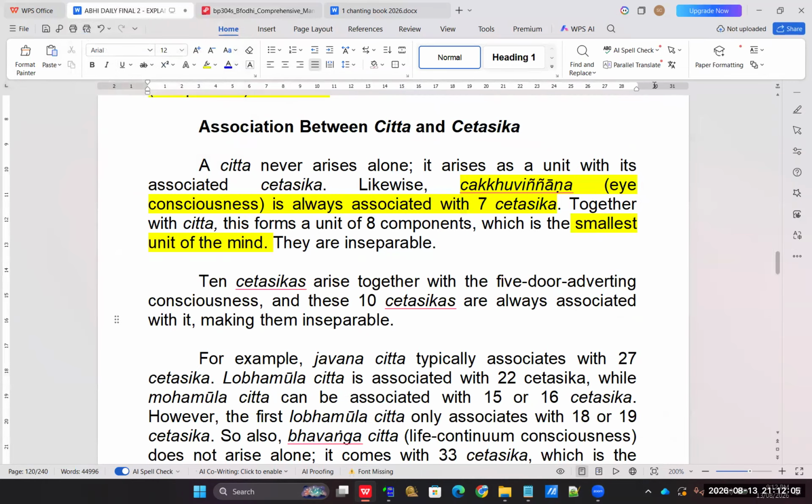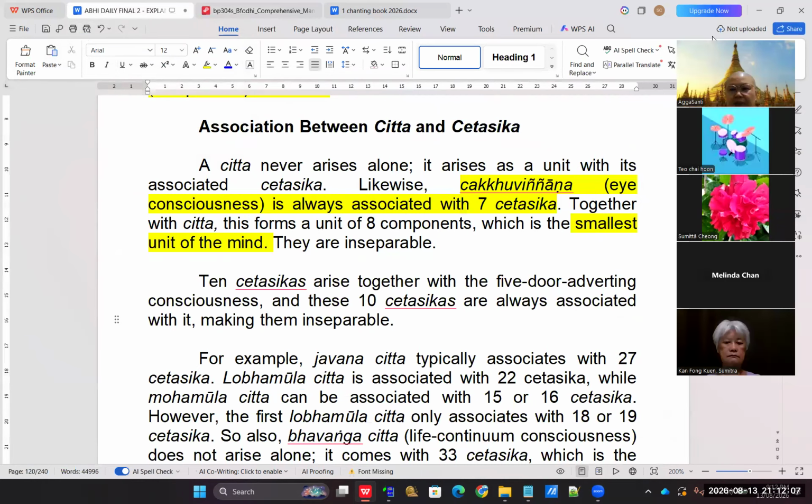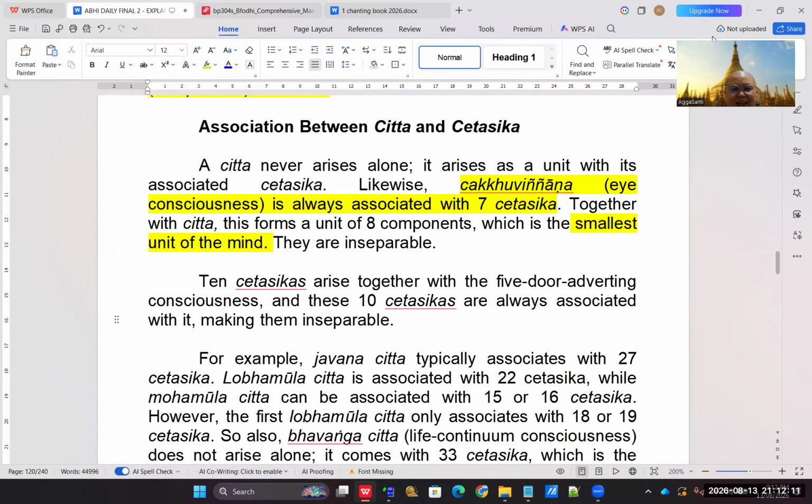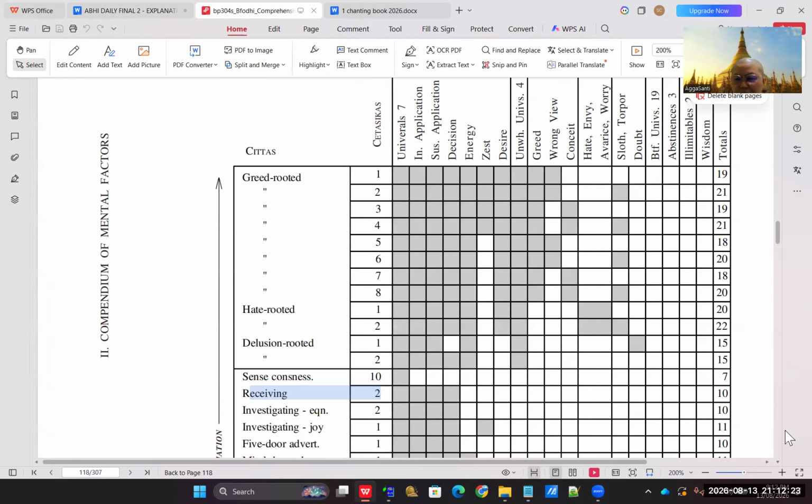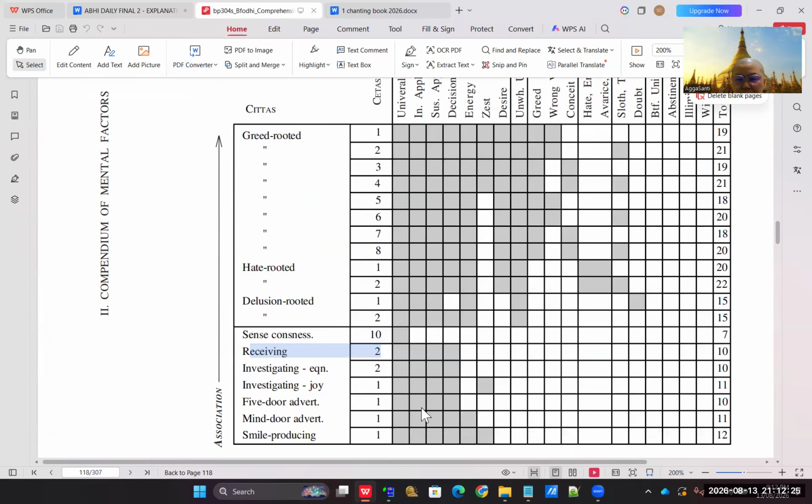When we studied in our diploma time, we really had to memorize the numbers. Actually, that's why Abhidhamma is not easy. After that, the investigating consciousness, this one, also with 10 Chetasika.